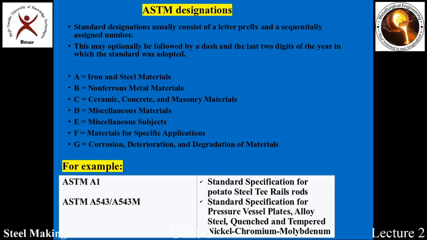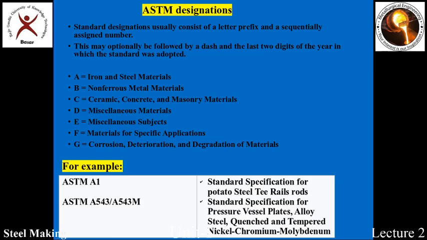Going now, let me start one more step: what are the designations in steel, how to know which kind of steel it is. Starting from the first designation, called the ASTM designation. The full form of ASTM is American Society for Testing of Materials.